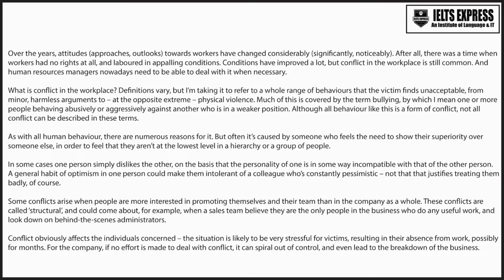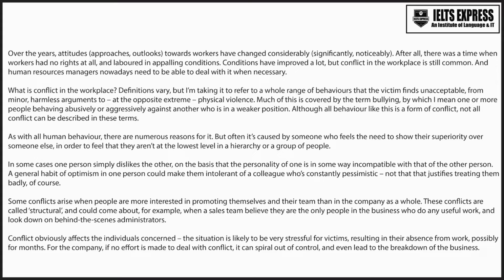In some cases, one person simply dislikes the other on the basis that the personality of one is in some way incompatible with that of the other person. A general habit of optimism in one person could make them intolerant of a colleague who's constantly pessimistic. Not that that justifies treating them badly, of course.